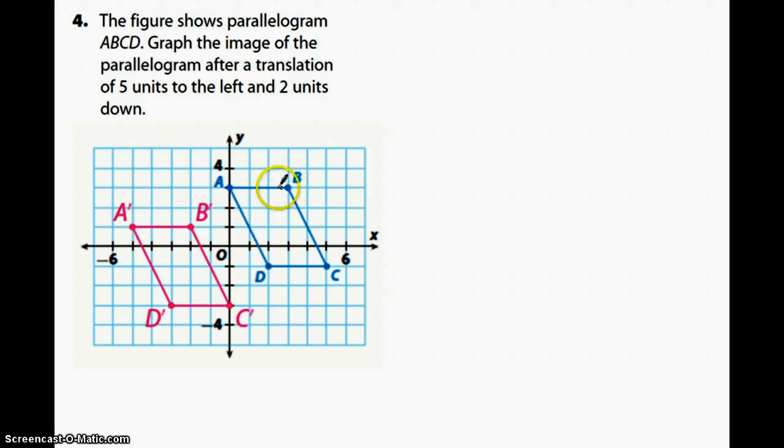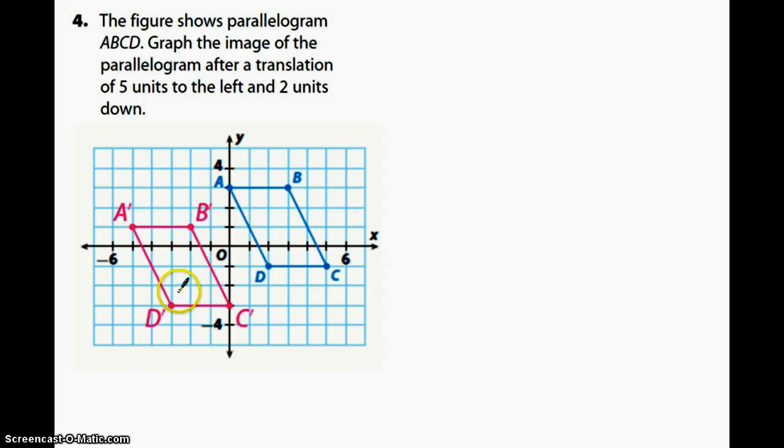From B, go 1, 2, 3, 4, 5, and 2 units down, that gives us our B prime. From C, we go 1, 2, 3, 4, 5, and 2 units down, that gives us our C prime. And of course, D is 1, 2, 3, 4, 5, and 2 units down, and that gives us our D prime.